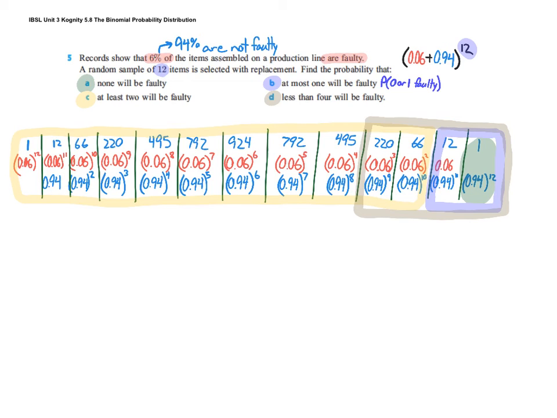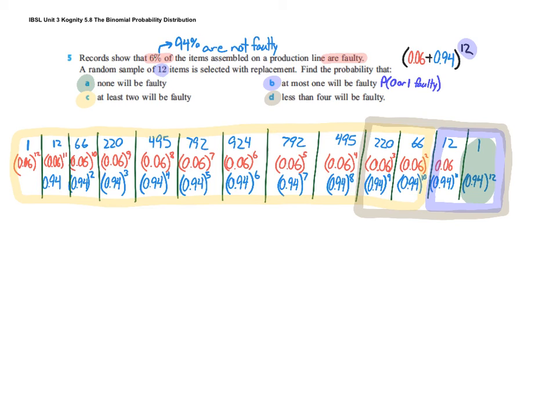And even with the scientific calculator, that would be a real pain. But now we're able to actually figure things out. For example, if I want at least 2 to be faulty, we said that you'd have to figure out these first 11 terms of this expansion. We highlighted it there in yellow.